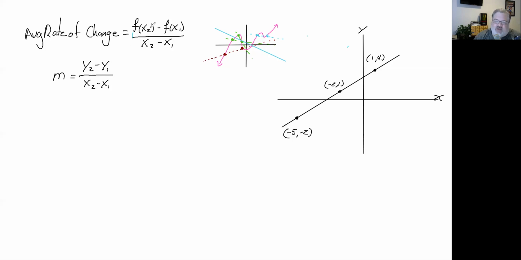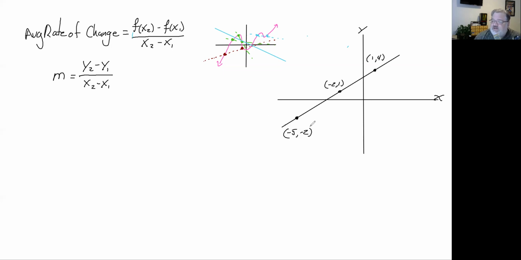Here it would be different depending on what values we pick. You pick a different x1 and x2, and the rate of change is going to be different depending on whether the function's increasing or decreasing or whatever it's doing. For a line, that slope is always the same because the amount that it's increasing or decreasing, if the line's going downward, that amount is always fixed.